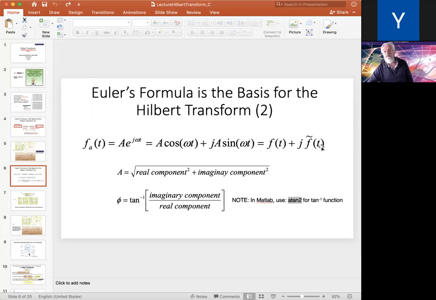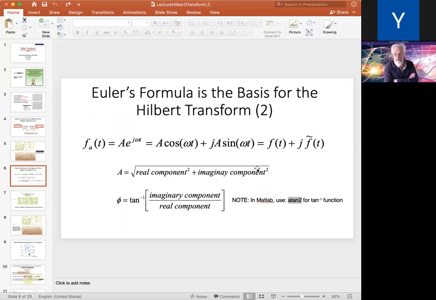So now we can say that if we have the analytic signal, the amplitude is the real component squared plus the imaginary component squared, and then the square root, a simple, straightforward computation. And the phase phi, the instantaneous phase, is the imaginary component divided by the real component, and then you take the inverse tangent of that.